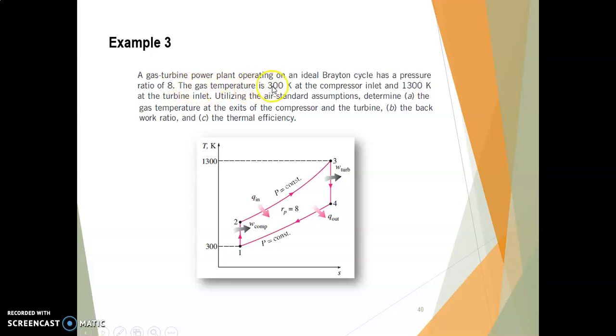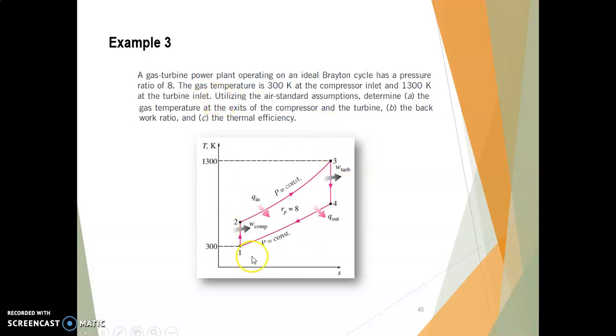The gas temperature is 300 Kelvin, which is usually at the beginning because it's the inlet of the compressor. Usually this question will always provide point number 1. And 1300 Kelvin at the inlet of the turbine, which is point number 3. Please remember the location of each part inside the cycle.